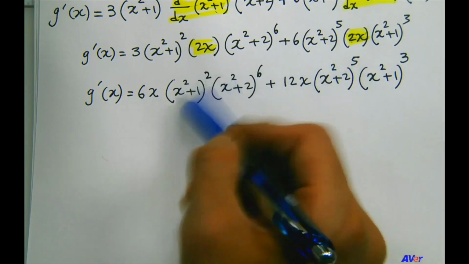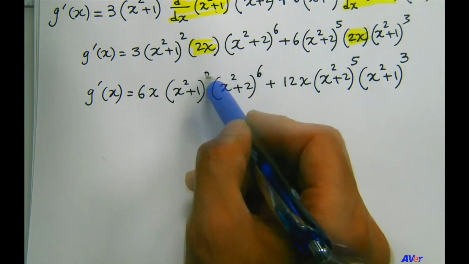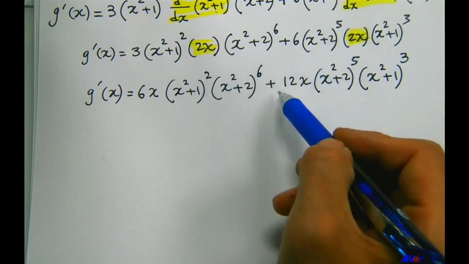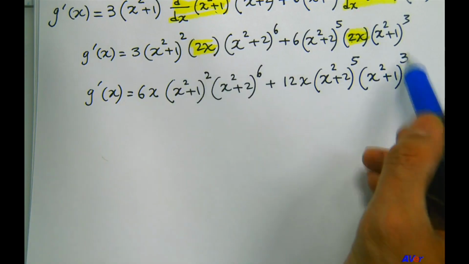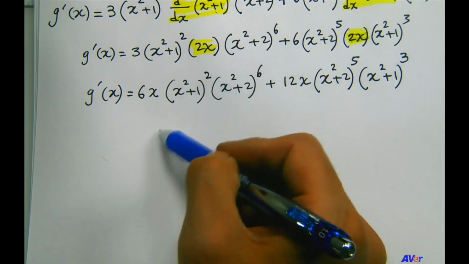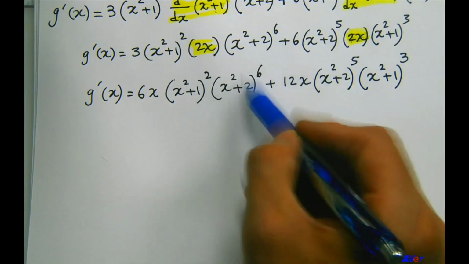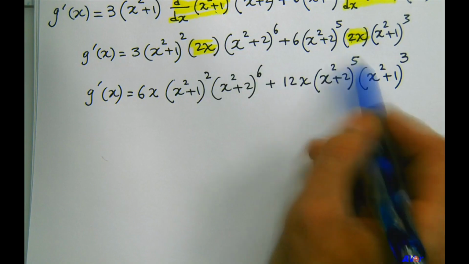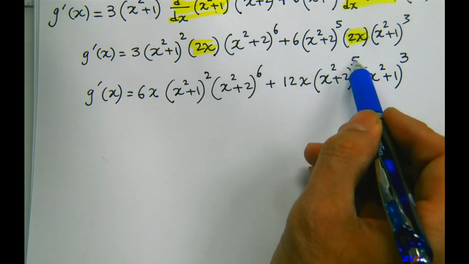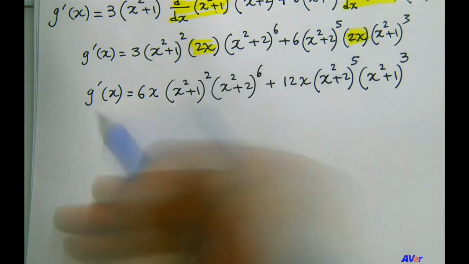So we can factor out (x squared plus 1) squared, since between (x squared plus 1) squared and (x squared plus 1) cubed, we can factor out this one. Between (x squared plus 2) to the 6th power and (x squared plus 2) to the 5th power, we can factor out (x squared plus 2) to the 5th power. So we can simplify this.